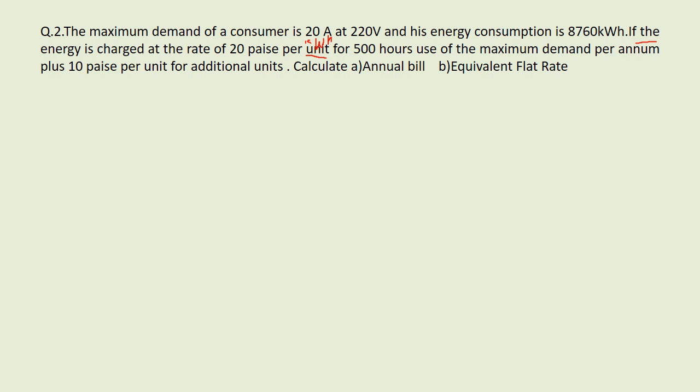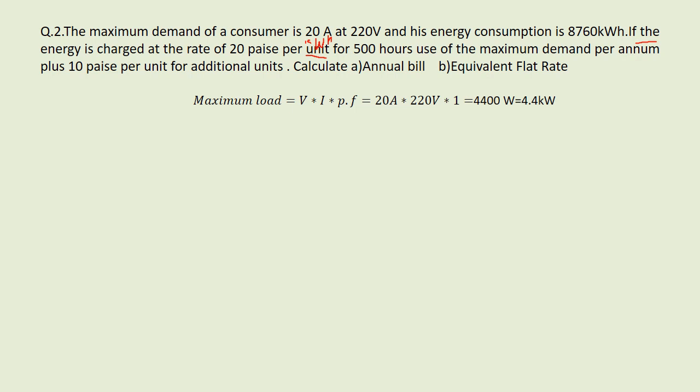As the power factor is not given, we can directly take the power factor as 1. So the maximum demand is V into I into power factor, that is 20 into 220 into 1, that is 4400 watt, and that is 4.4 kilowatt. Okay, so this is the maximum demand.